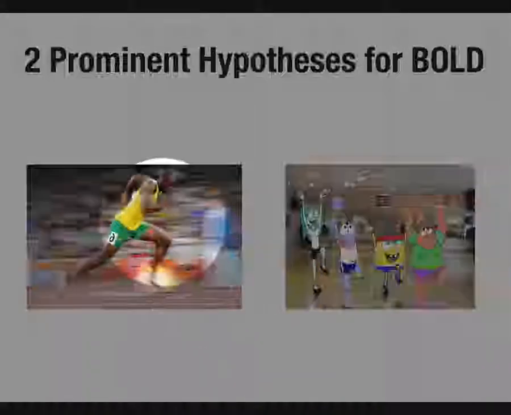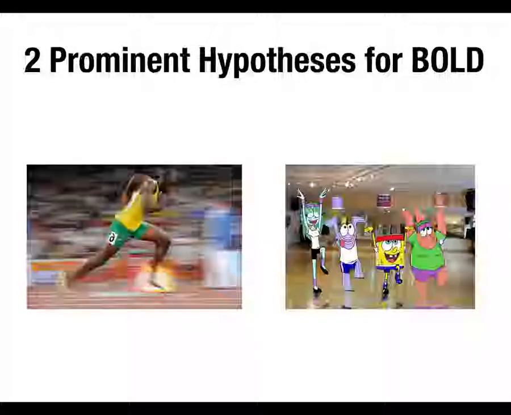One is the anaerobic hypothesis. Anaerobic means without oxygen. When you sprint, that's when you're going anaerobic, because you're putting demands on your muscles that are far in excess of what they can generate in terms of energy just on the basis of oxygen metabolism. So there's a whole separate chemical pathway that I'll talk about in a minute to support that very short duration, high energy consumption sort of thing.